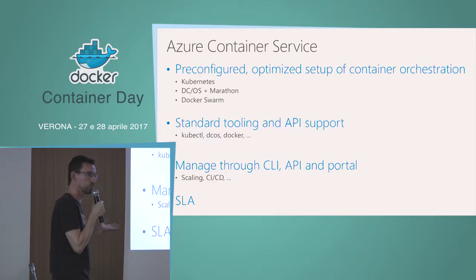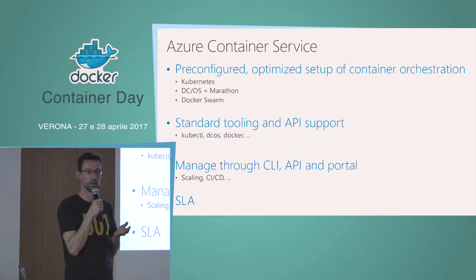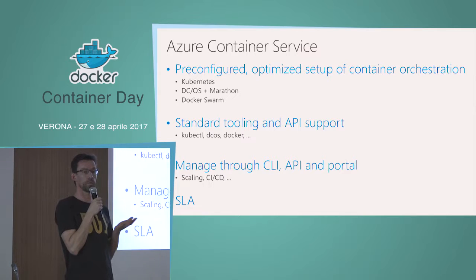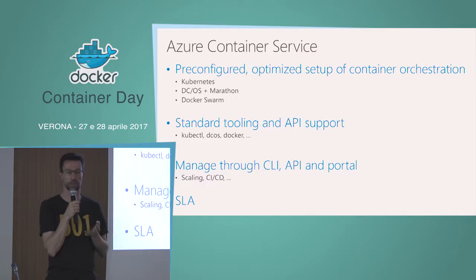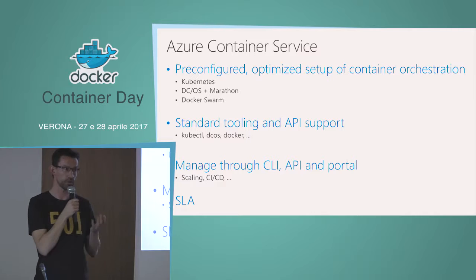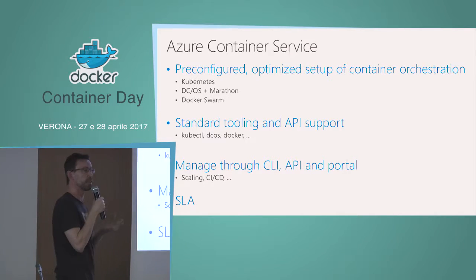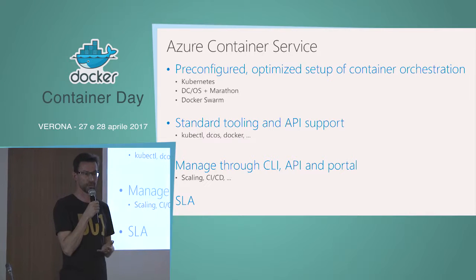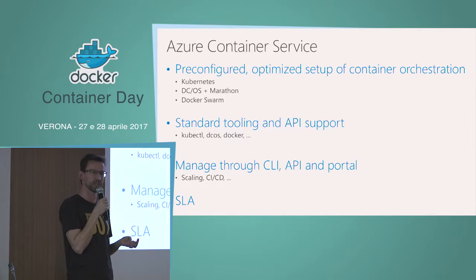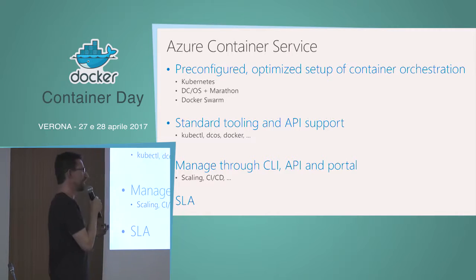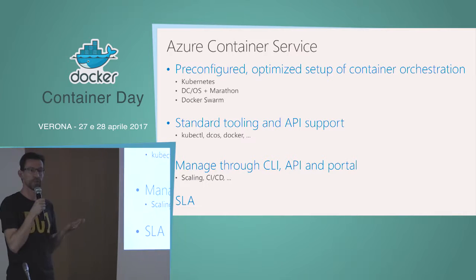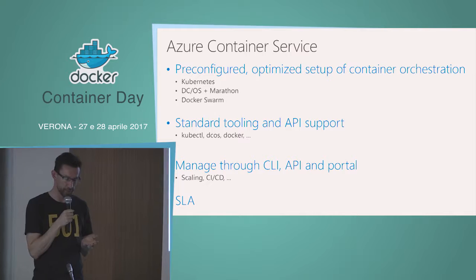If you have any command line tools, graphical tools, or web-based management tools that come with those orchestrators, they should still work, regardless of where that orchestrator is running. You shouldn't even see that it's running on Azure Container Service, which from a marketing perspective is maybe not good. But it should be transparent. And that's what we wanted to achieve here.